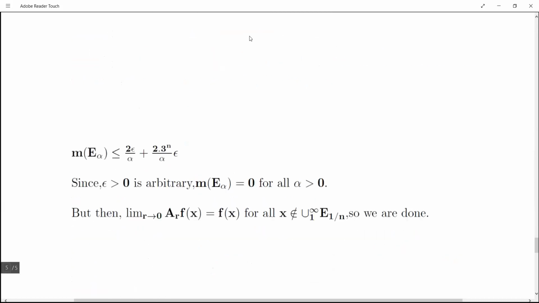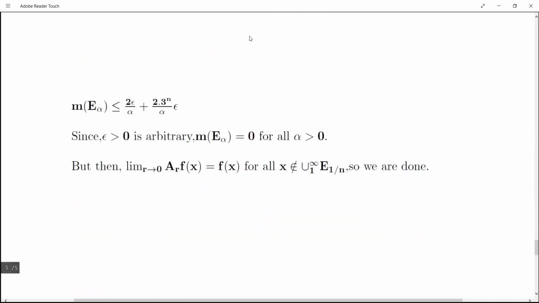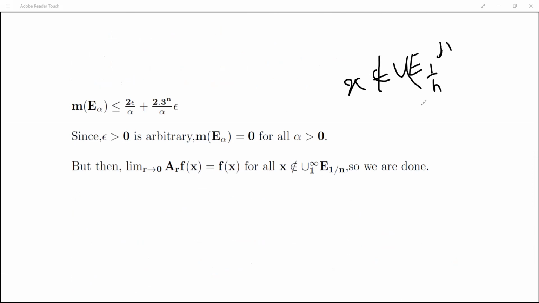Then you take any x which is outside the union of E1 over n. Each E1 over n has measure 0 because we have proved that for any positive alpha, the measure of E alpha is 0. So the measure of the union of E1 over n, n greater than or equal to 1, is also 0. And you take any x which is outside this set.